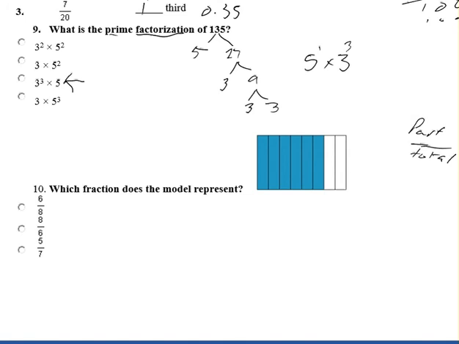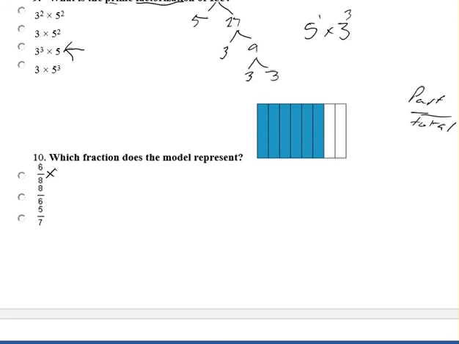And 1, 2, 3, 4, 5, 6 are blue. So 6 over 8 is what I'd say this model represents. Or you could even put 2 over 8 if you wanted to say this model represented the slats that aren't painted. And 6 over 8, I see it. I was going to say I might have to reduce it. But they don't want me to. And so I'm not going to.